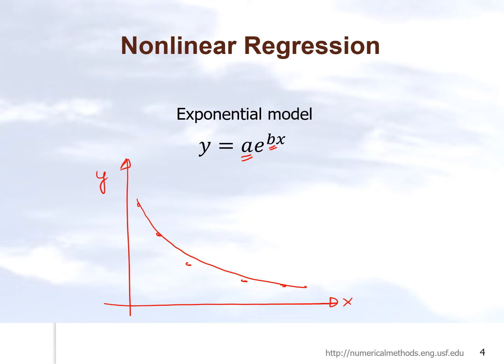A good example of an exponential model is if you have heard of somebody getting a CT scan, because they want to figure out what's wrong with the person. They give you a radioactive dye, and that radioactive dye goes into your body, and then when they do the scanning, they're able to see if there is something wrong with that particular person.